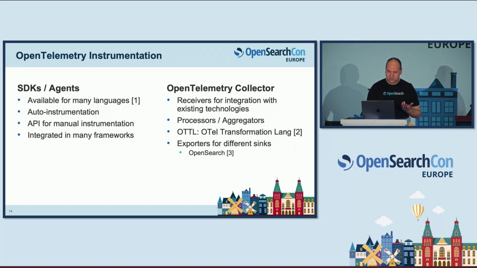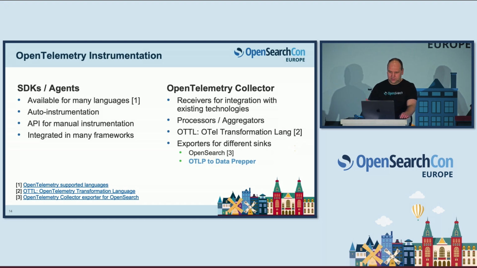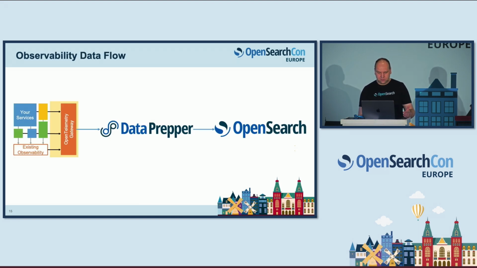And from there on, we use exporters to send to different destinations. The OpenTelemetry collector itself can write to OpenSearch with some exporter. But what we actually do is use just the plain OTLP exporter and write the data to Data Prepper. Here you can find all the references if you want to read through them. I will not go into any more details because there was a presentation on that this morning and I don't have too much time.